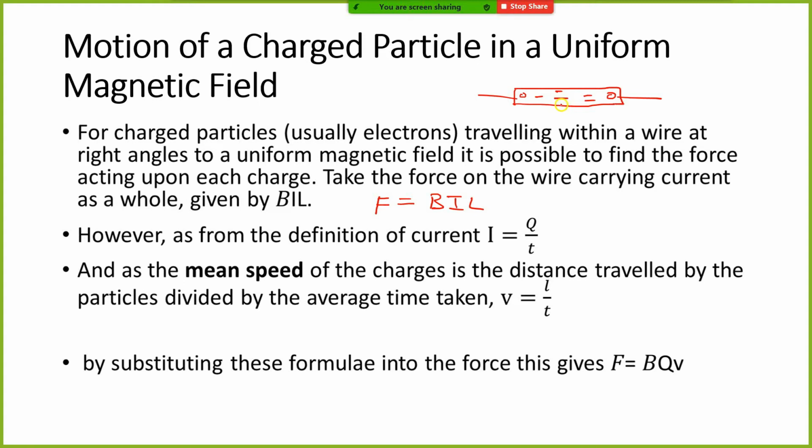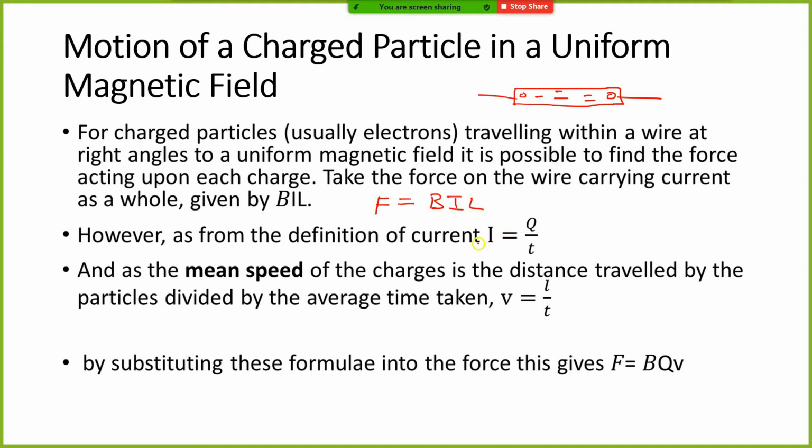What we're trying to do is to see what the force really is in this case. So to begin, we start out with the overall force experienced on the wire, which is the external B field times the current in the wire times the length of the wire that is inside of the magnetic field.